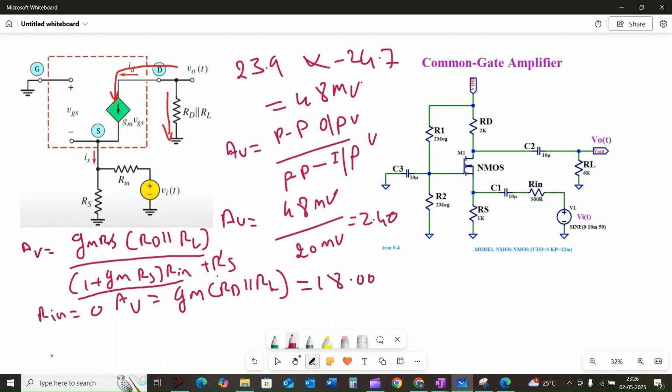Similarly, if we consider Rin as infinity, the voltage gain will be 0. This is the minimum voltage gain of the amplifier. This demonstrates that the common gate amplifier, like the common base amplifier, is best suited for applications with a low output impedance source, such as current input applications.